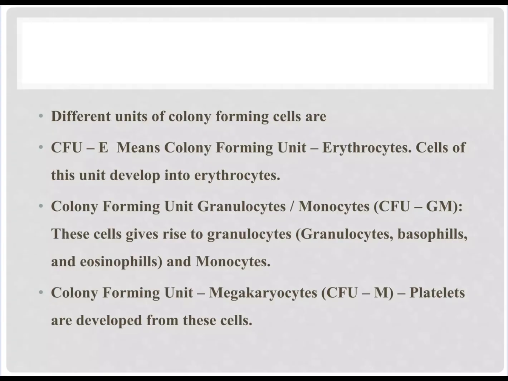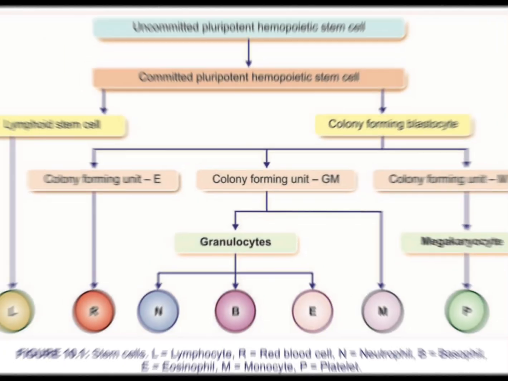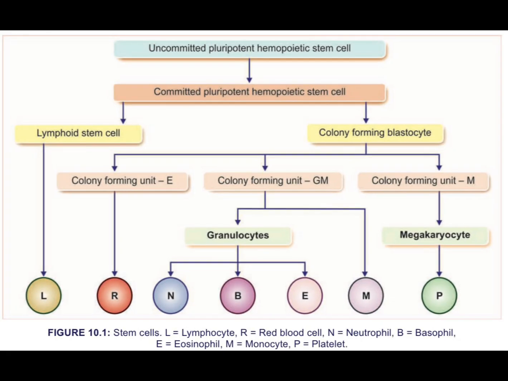So recapping again, you should understand that the first one, you have the uncommitted cells in utero that produce different types of blood cells, but when the child is born, it now becomes committed in the bone marrow to form what? Lymphoid stem cells and colony forming unit of blastocyte. So the colony forming unit of blastocyte forms myeloid cells, and when it forms myeloid cells, it now forms alongside colonies too.